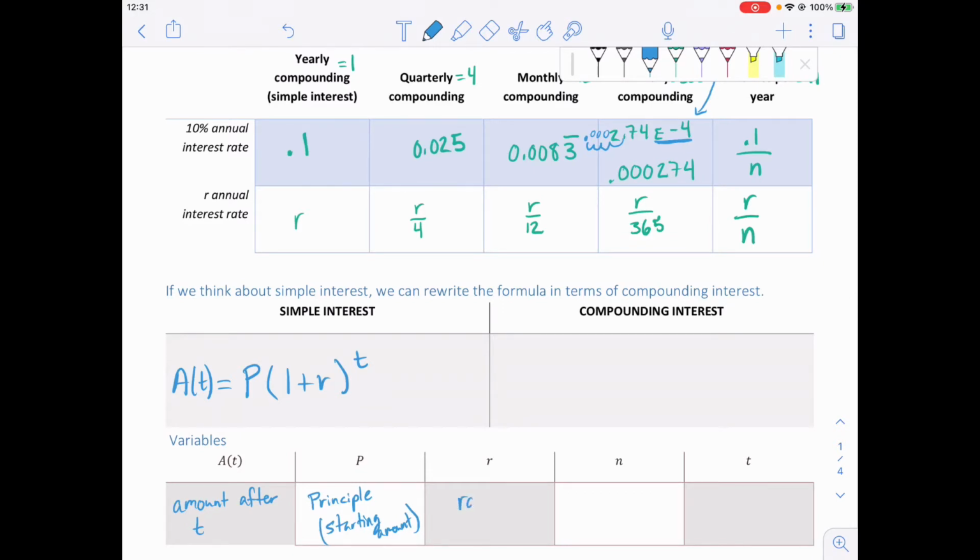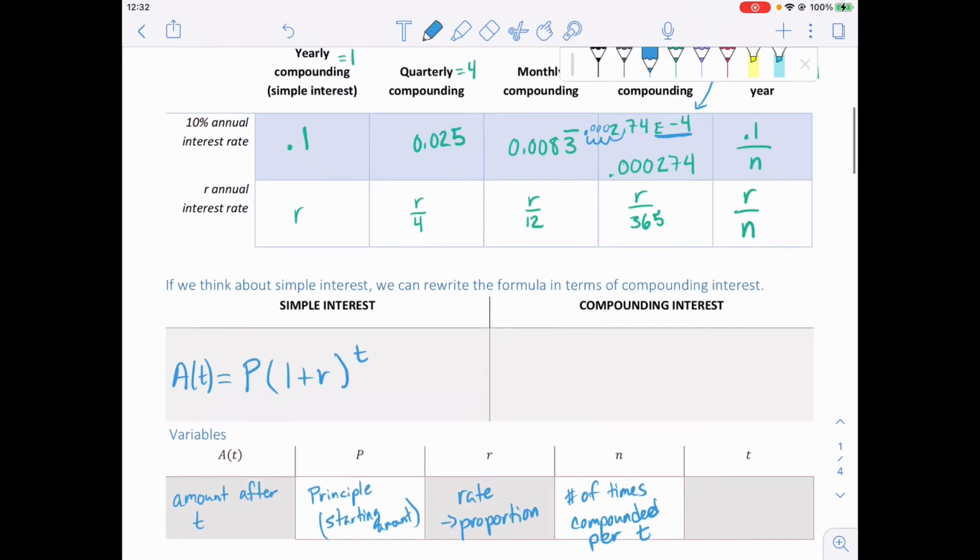R is our rate, but it's got to be a proportion. That is so important. N is the number of times compounded per year, or per whatever t, so per year, per month, it depends on what your unit of t is.